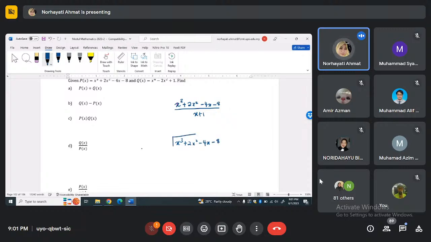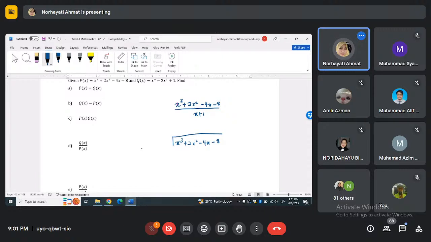We can only apply this long division when the degree of the polynomial in the numerator is higher than the denominator. It means we need to reduce the degree of the numerator, either to the same degree as the denominator or lower.